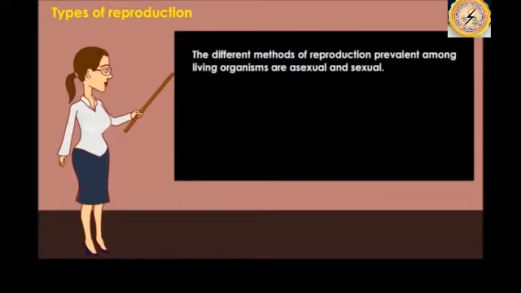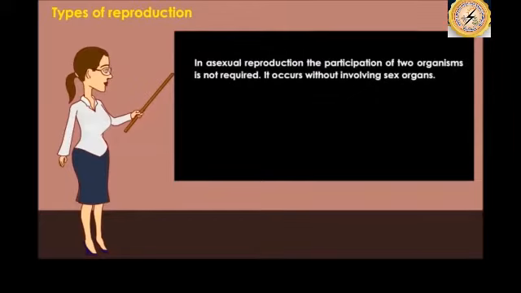So let us go into the types of reproduction. There are two basic types: the sexual reproduction and the asexual reproduction. So let us go into the crux of it. Now in asexual reproduction, the participation of two organisms is not required. It occurs without involving the sex organs.